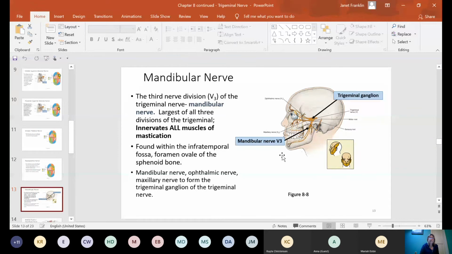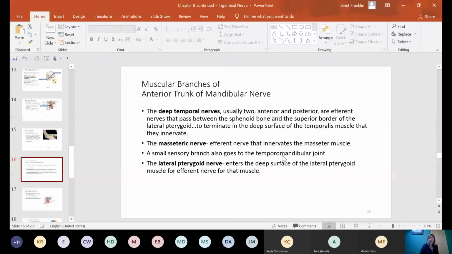On the mandibular, we have the anterior trunk, which contains the buccal. The buccal numbs the buccal tissue. This is what it looks like. And then you've got, coming off of that, your deep temporal nerves, your masseteric, and your pterygoid. And those are what innervates the muscles of mastication.